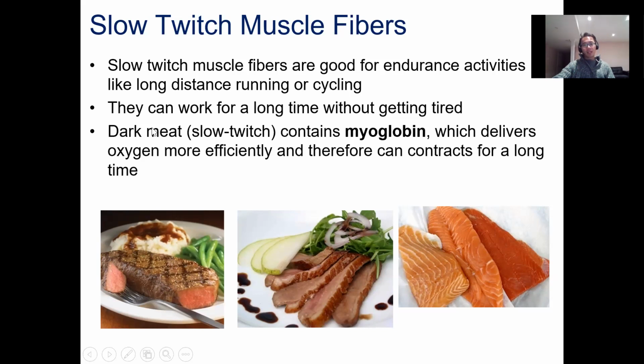So if you think about the cows, they stand there all day and don't get tired, right? So all the meat is red meat. If you think about turkey breast, sorry, turkey breast is dark meat, because turkeys can fly, right?